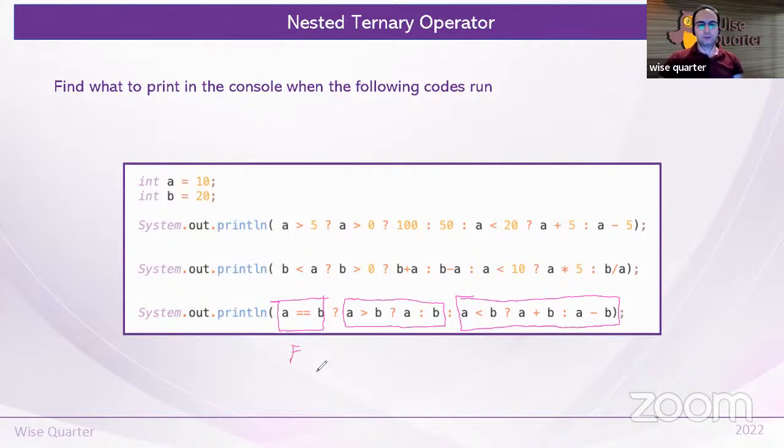This one should be executed if it is true, and then we should go to the second one. Here we should check if A is smaller than B. A is 10, B is 20, this is true. And I will execute this one. A plus B, 10 plus 20 becomes 30. It will print 30.